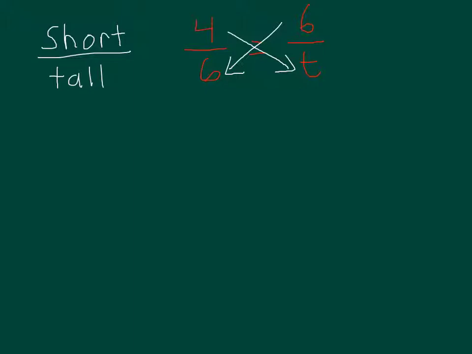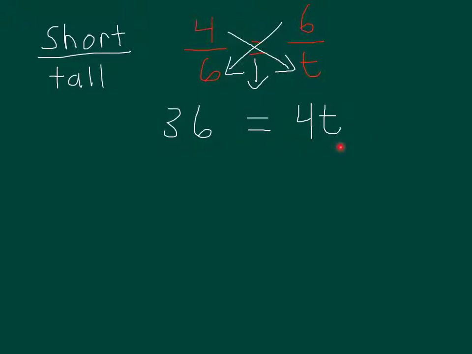When you do this, 6 times 6 is 36, and 4 times t is 4 times t. We can't write that any other way, so we put it right next to each other. This means 4 times t. We're going to bring that equal sign straight down. So now we went from a proportion to an equation. This says 36 equals 4t.